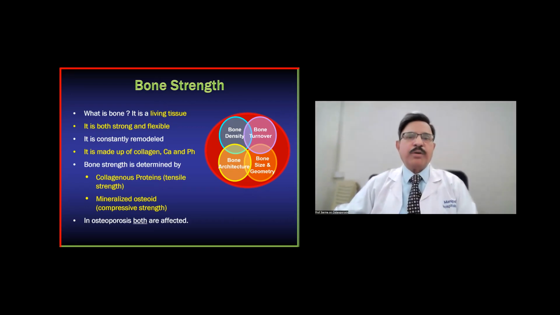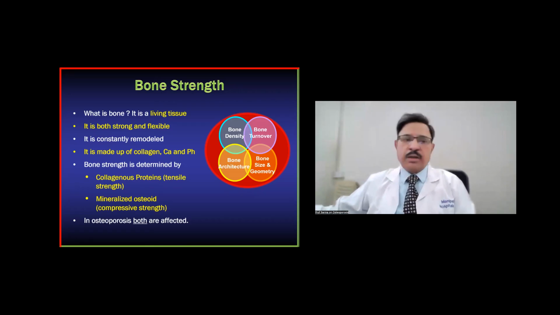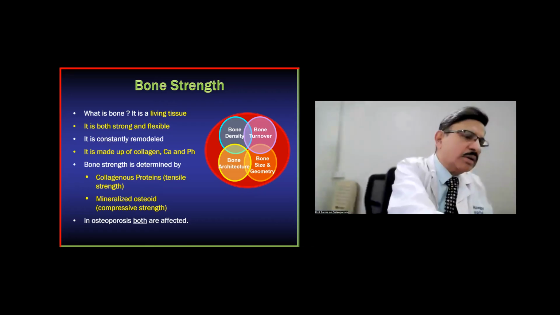It is made up of collagen, calcium, and phosphorus. Bone strength is determined by the collagenous proteins, which give the tensile strength. The mineralized osteoid gives the compressive strength. What is tensile strength?